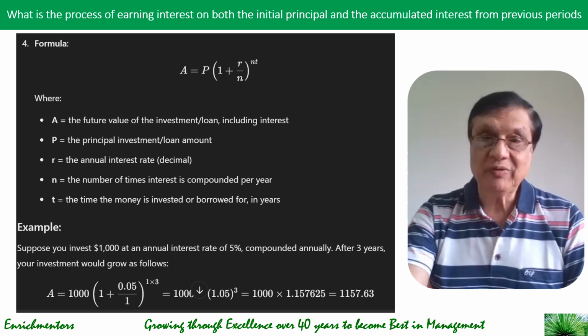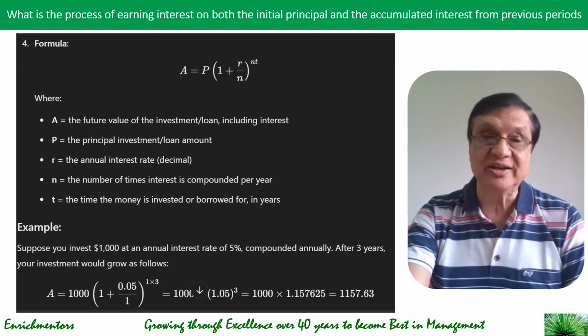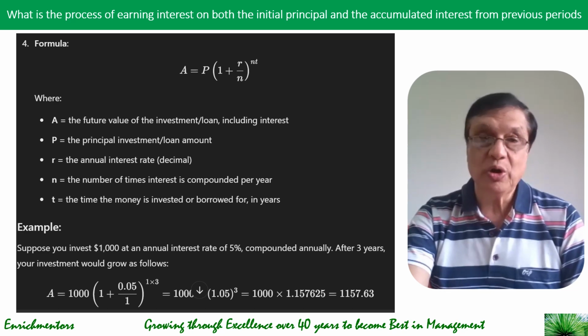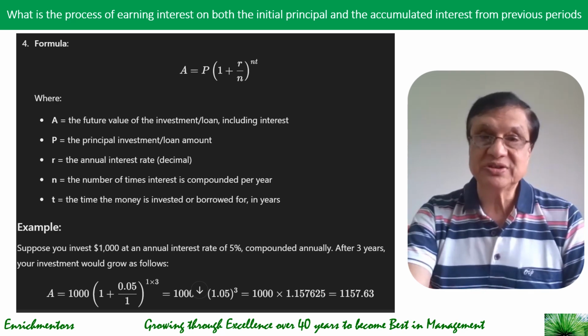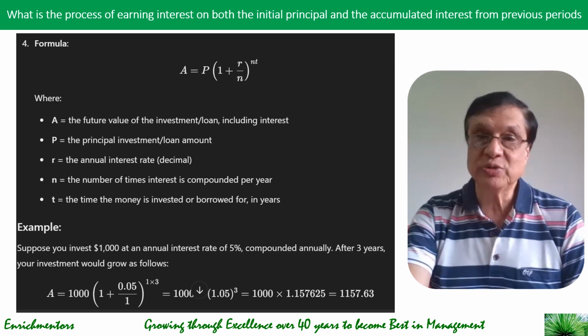That's the power of compounding. The more frequent the compounding during the year for a given interest rate, the faster the growth of your principal. That's the process of earning interest on both initial principal and accumulated interest from previous periods.